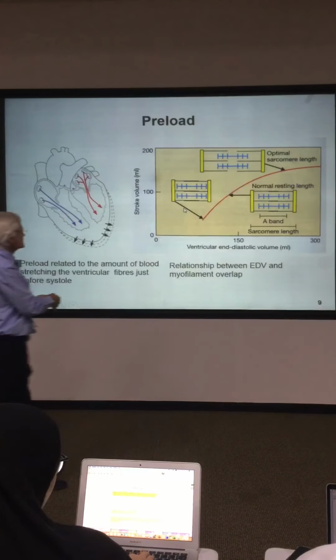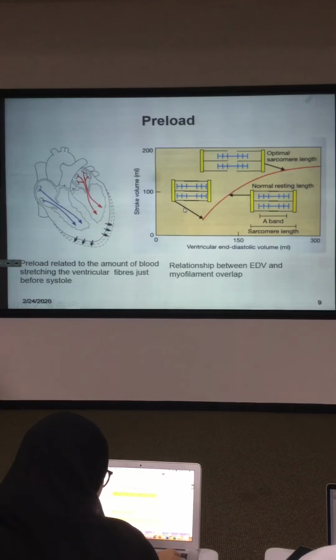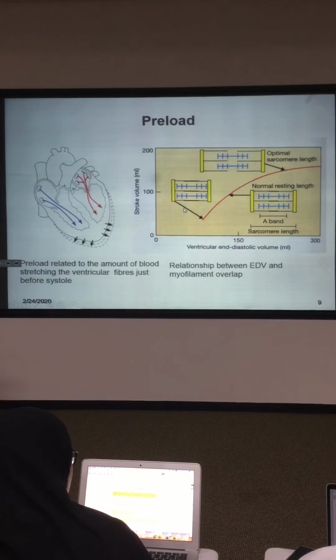And here is an experiment. On this axis here, we've got ventricular end diastolic volume, how much blood is in the ventricle at the end of the filling stage. And here we've got the stroke volume, if you like, the contraction of the heart.